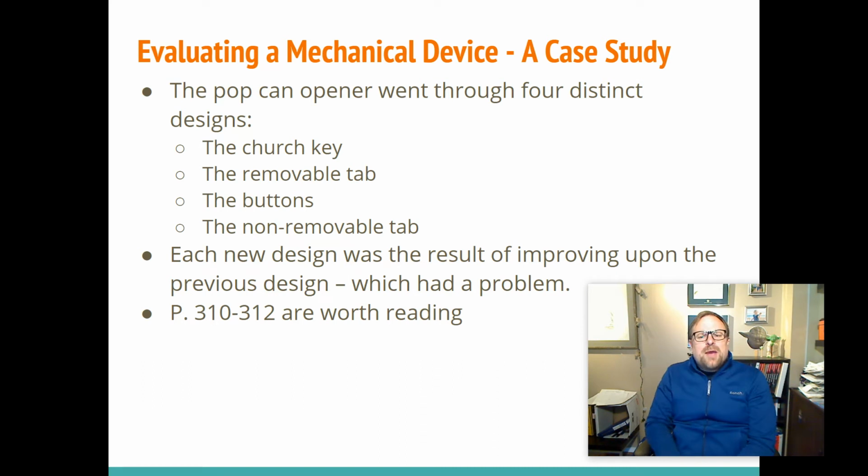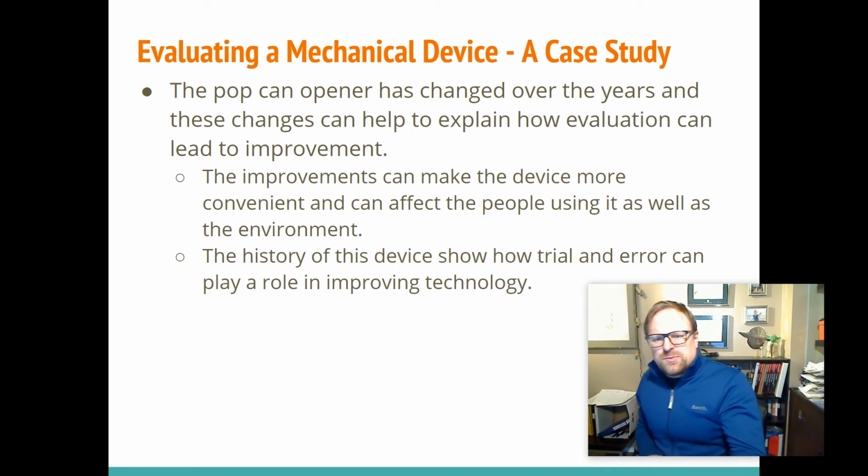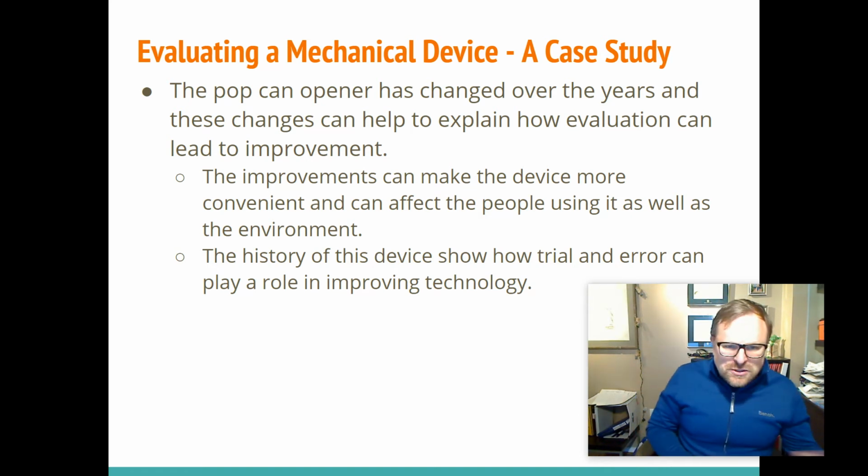The pop can opener went through four distinct designs: church key, a removable tab, buttons, and then a non-removable tab. Each new design was the result of improving upon the previous design, which we discovered after evaluation had some sort of flaw associated with it. So it's changed over the years, and these changes help to explain how evaluation can lead to improvement.